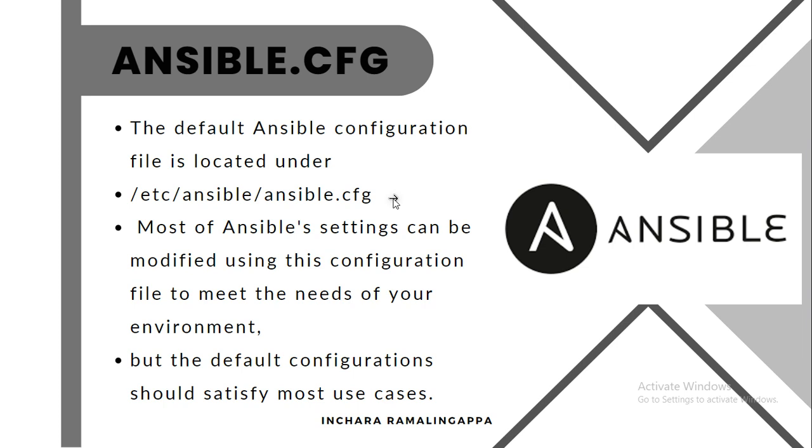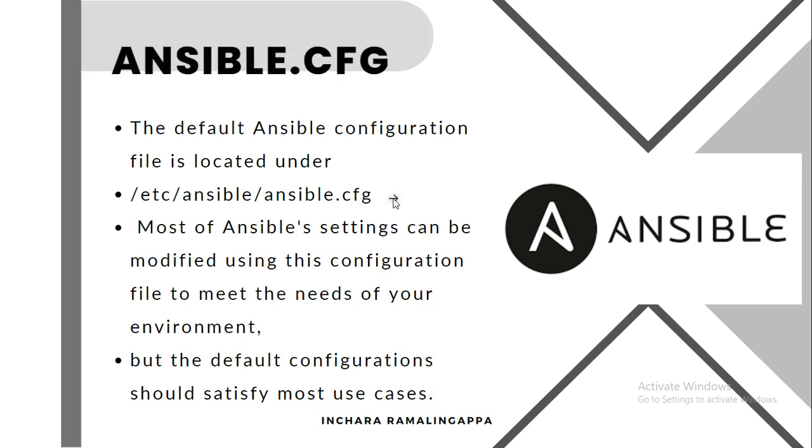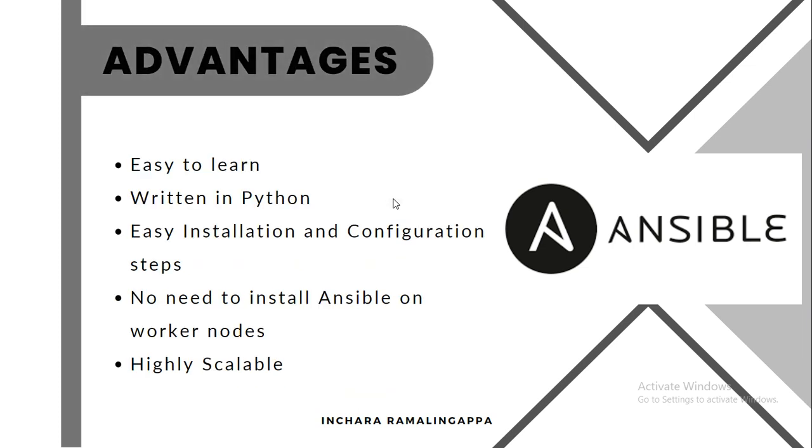So we can set or modify things here in the Ansible config file. But the default configuration should satisfy most use cases. So default configuration will be there, and that should be satisfactory for most use cases. That is about the Ansible config file.